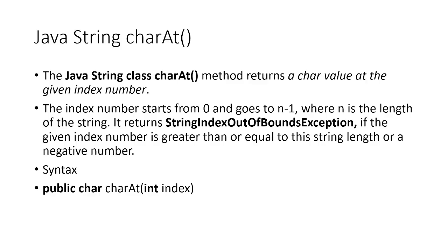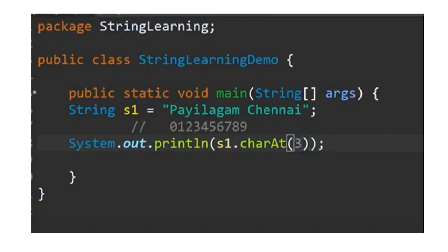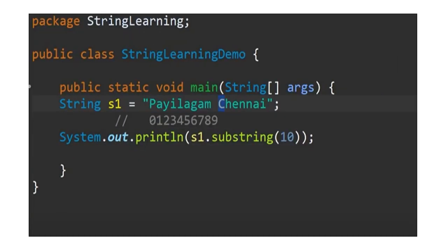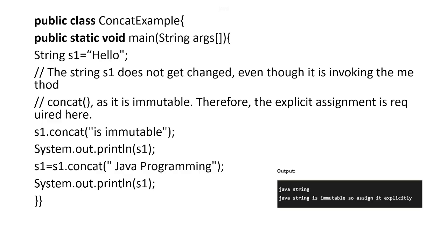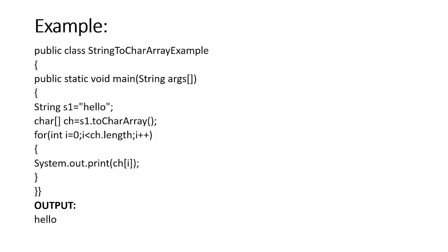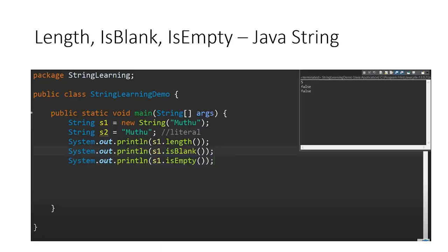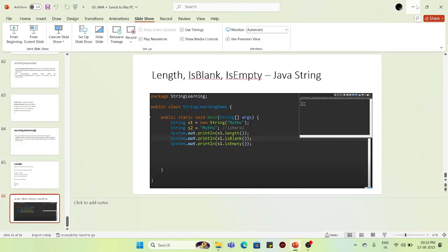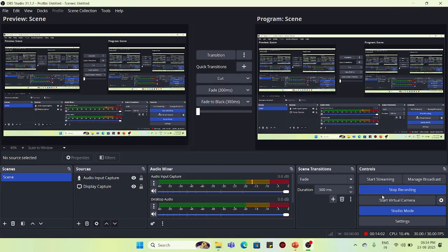So these are the string methods. Also concat, toUpperCase, toCharArray, isBlank, isEmpty. That's all about it.